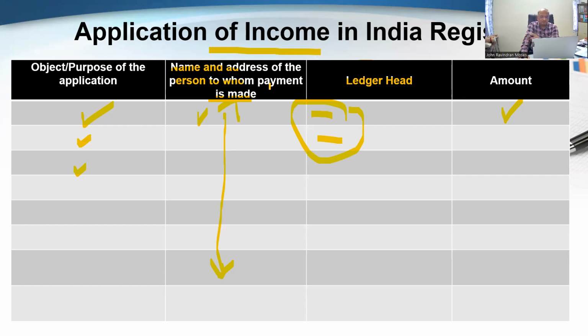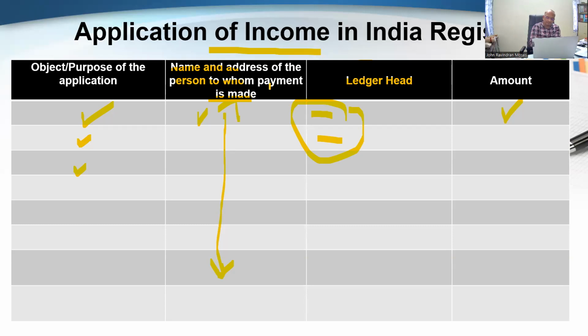Unfortunately, many of us don't do this in our books of account. We are very, very busy people. We don't have time. Even our accounts person does not have time to give the details. What we do is just put, supposing travel expenses, by cash, 2,000 rupees. That's all.